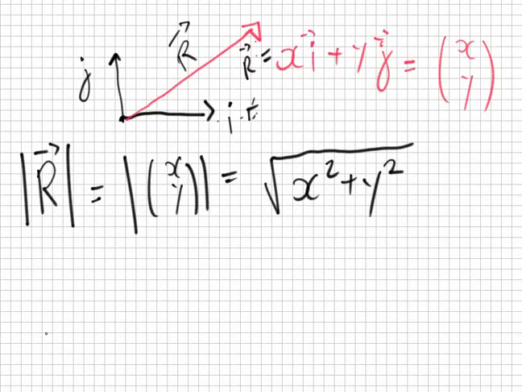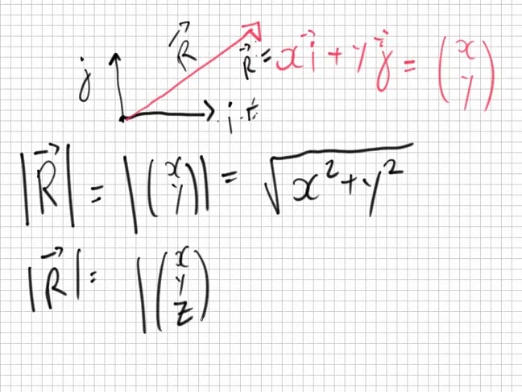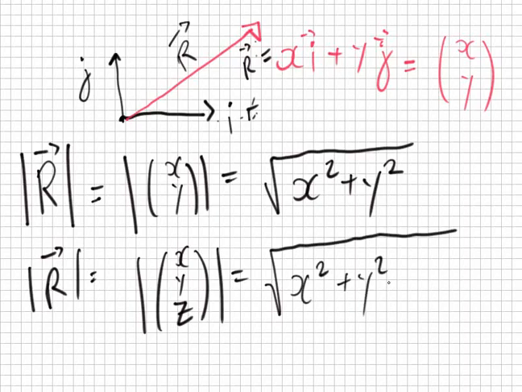And if it was in 3 dimensions, it is not really different at all. X, Y, Z, it'd be square root x squared plus y squared plus z squared.